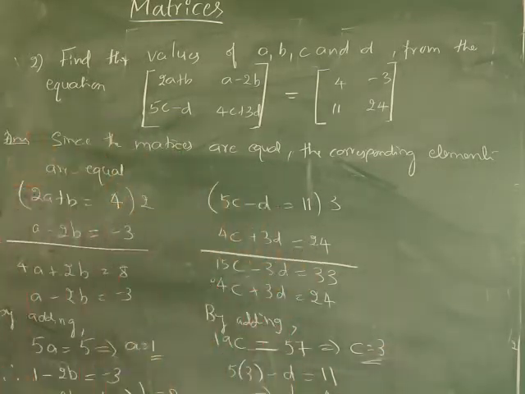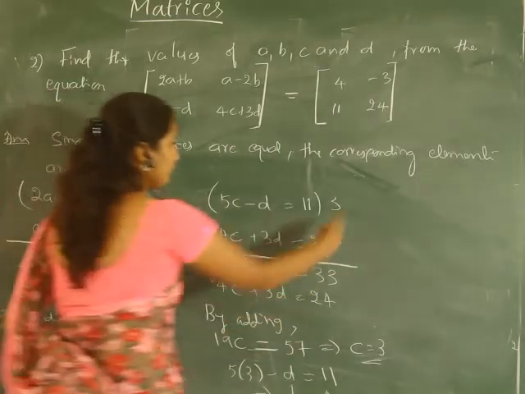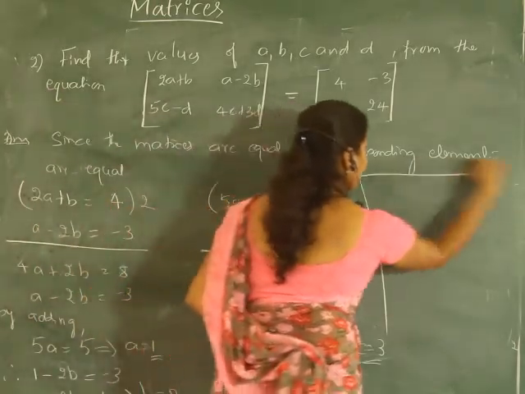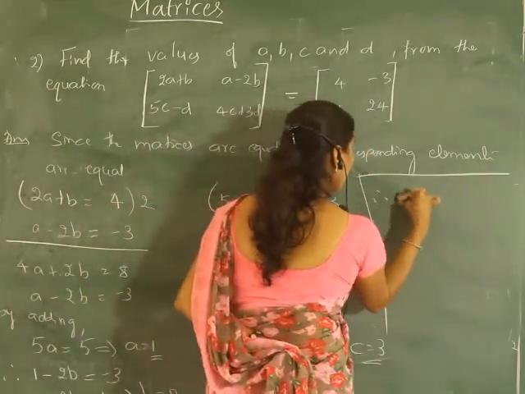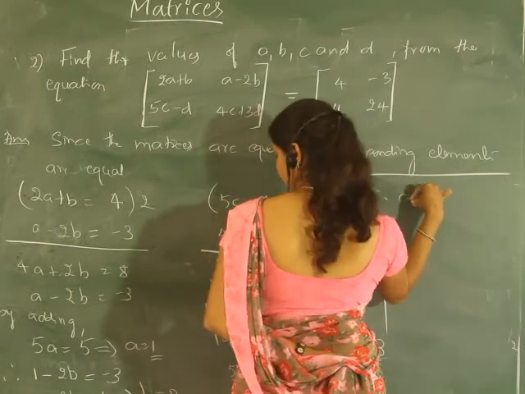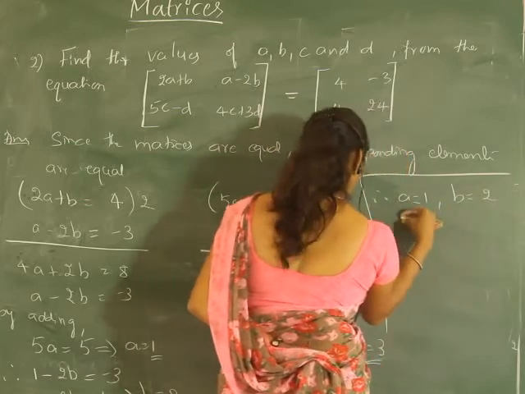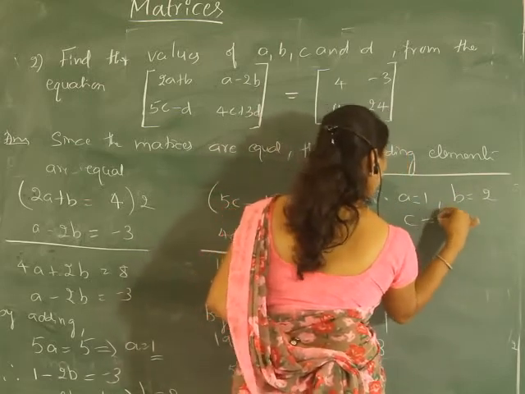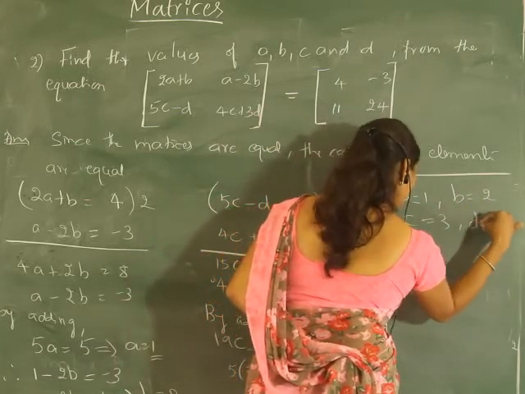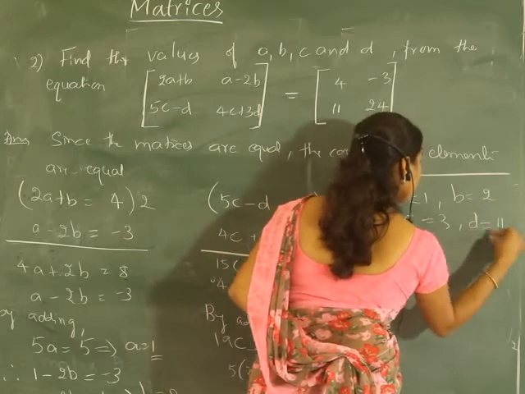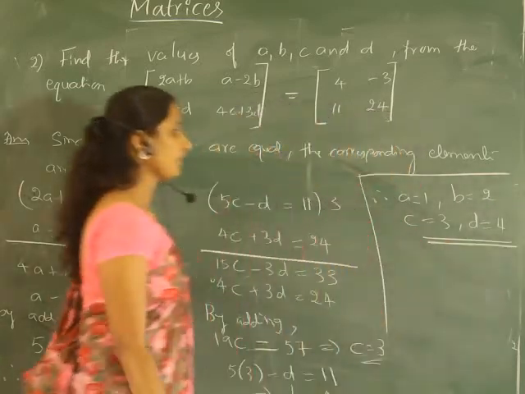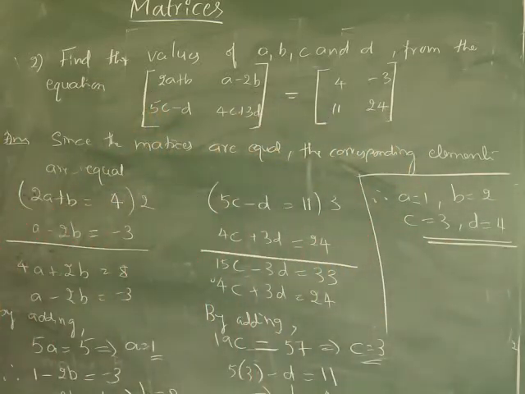So the values of A, B and C. Therefore A is equal to 1, B is equal to 2, C is equal to 3, D is equal to 4. So this is the value of A, B, C and D. Next one.